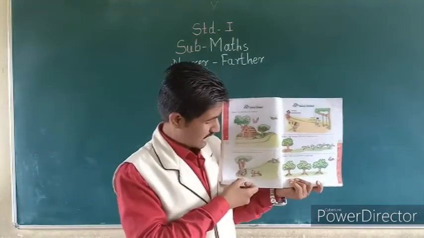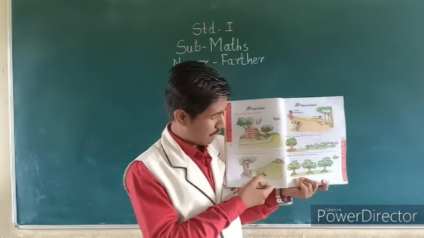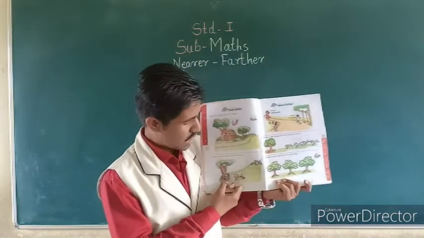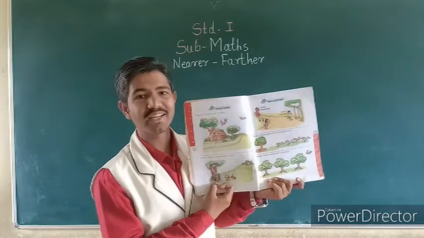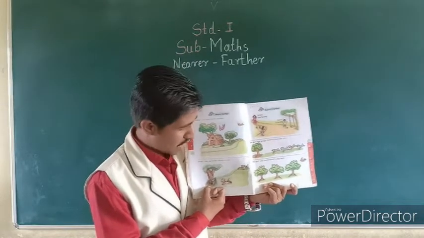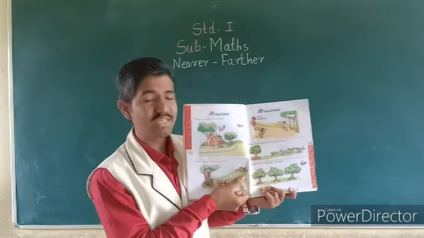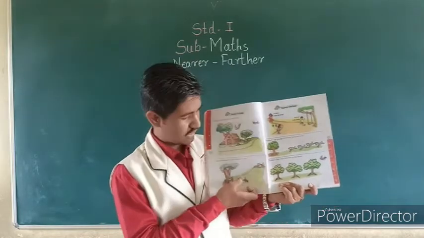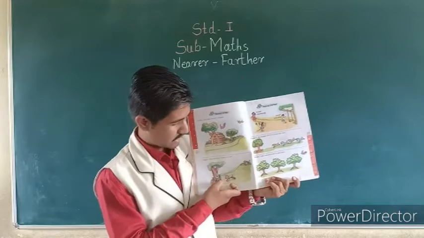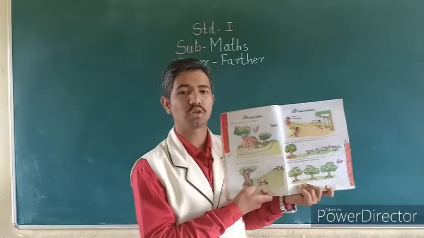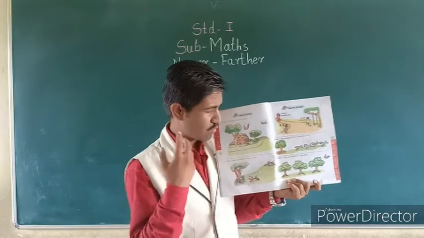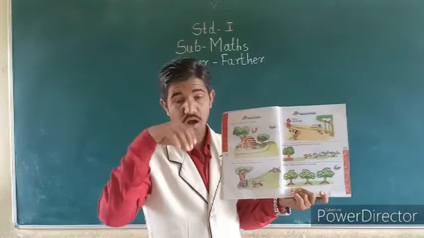One cat comes nearer to the mouse because the mouse is standing under that tree, his house, and the other cat is hiding behind the stone. This cat is seeing that cat and they are talking with each other. So you have to tell me which cat is nearer and which cat is farther.